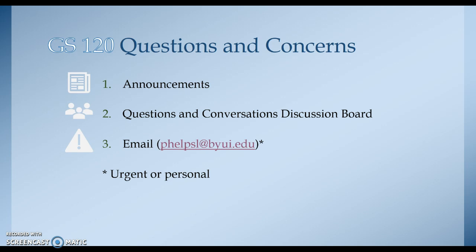Obviously, that is a personal matter, so you would just email your concern or question directly. Or if it's an urgent matter, I will be checking my email much more than I will check the discussion boards. So if you need an answer right away, send me an email and I will get to it as soon as I can.